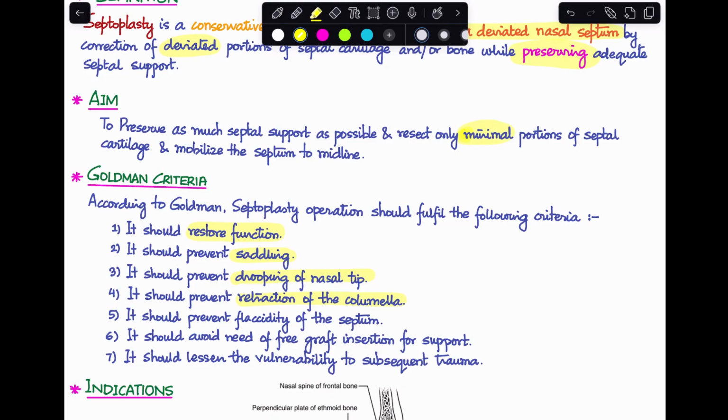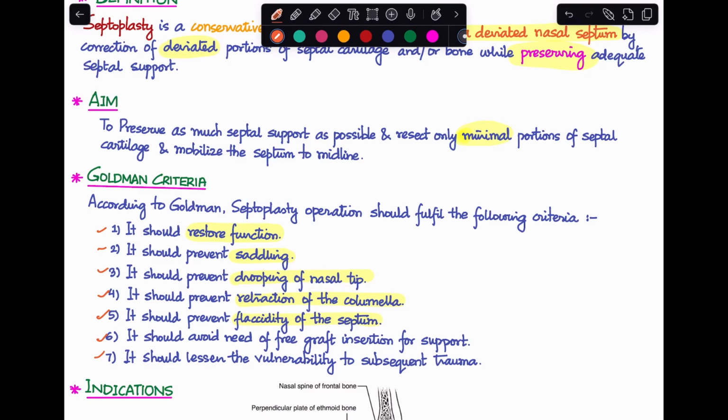It should also prevent the flaccidity of the septum, and it should avoid the need of any free graft insertion for support, and it should lessen the vulnerability to any subsequent trauma. So, these are the 7 criteria that Goldman had suggested that a septoplasty operation should be able to follow at least these 7 criteria. So, that's about the Goldman criteria in septoplasty.